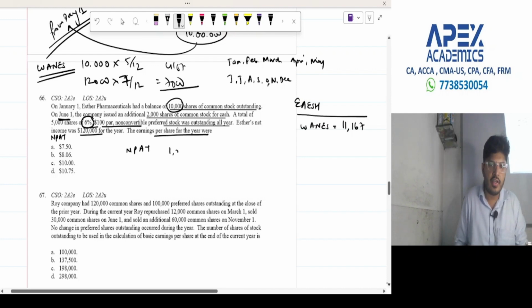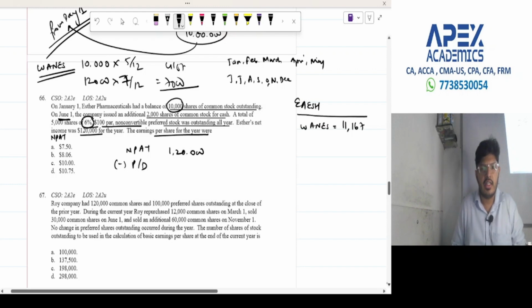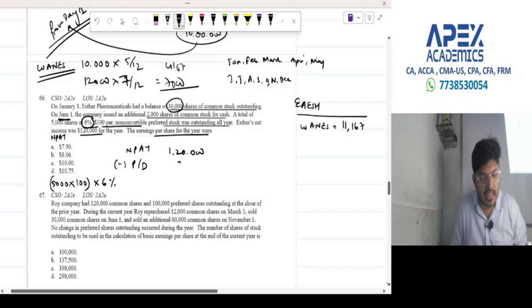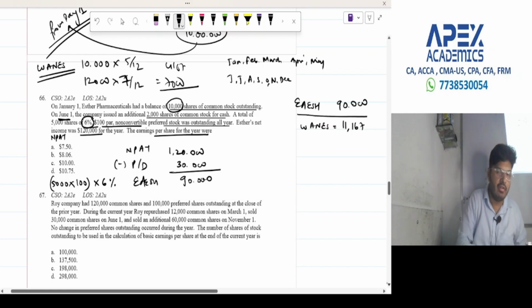Sir, net profit after tax is 1,20,000. Sir, what will be deducted from this? Sir, preference dividend will be deducted. How much is the preference dividend? Please understand. Sir, we have 5,000 shares of $100. How much does this come to? 5 lakhs multiplied by 6%. 6% of 5 lakhs is how much? 30,000. So what is this? This is EAESH. How much? 90,000. So divide the EAESH of 90,000 by 11,167. 8.06 is your answer. What is your answer? 8.06.